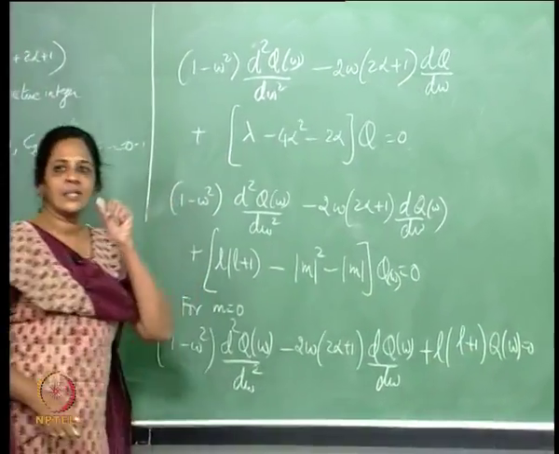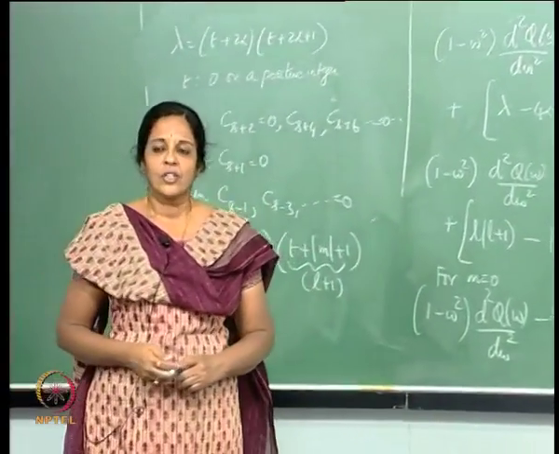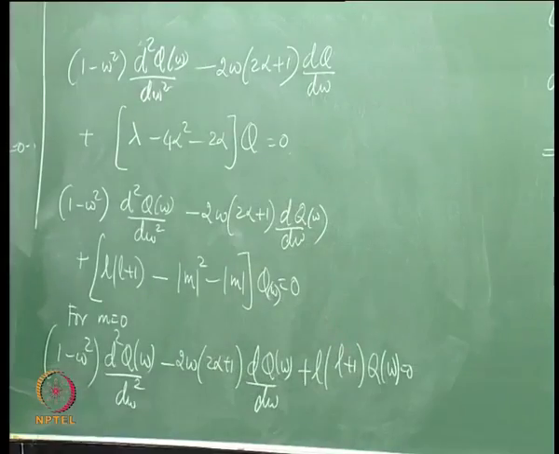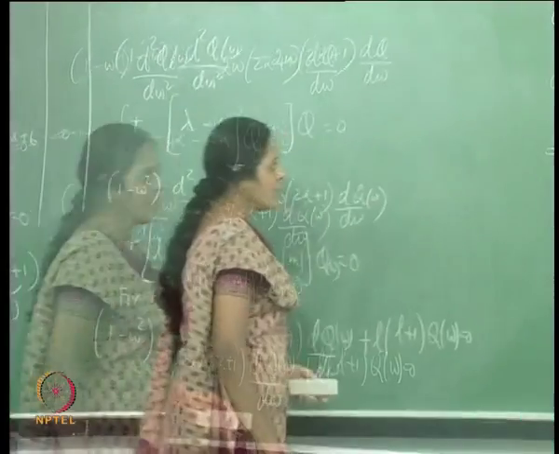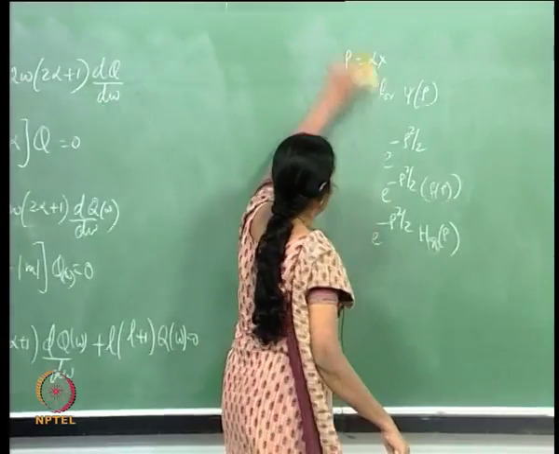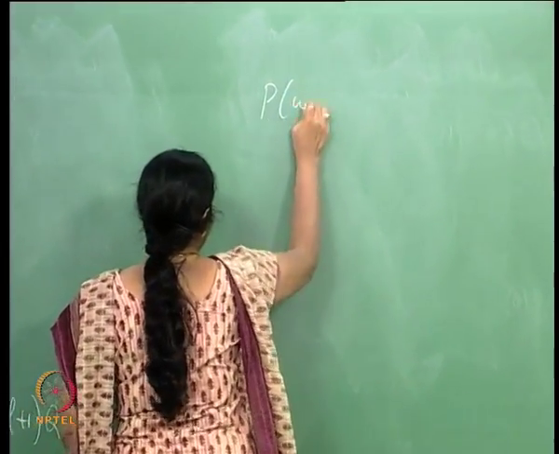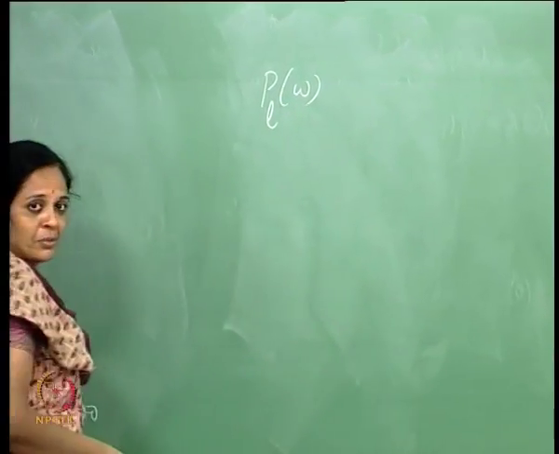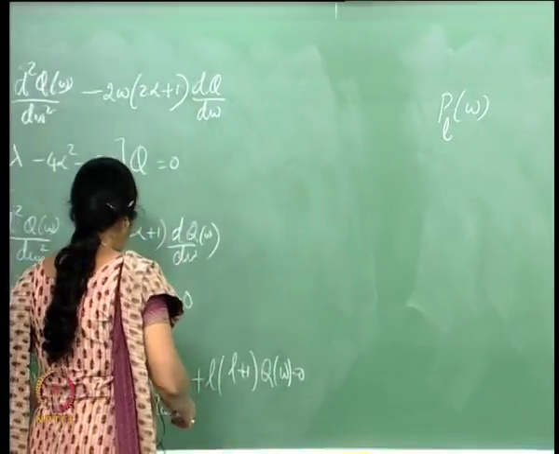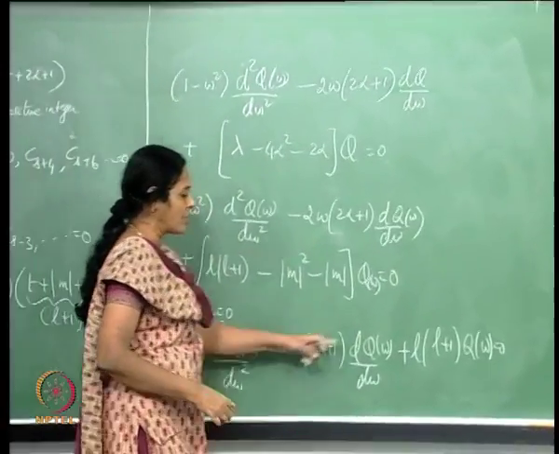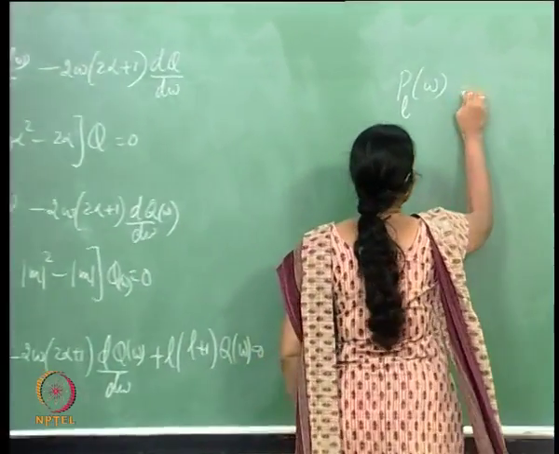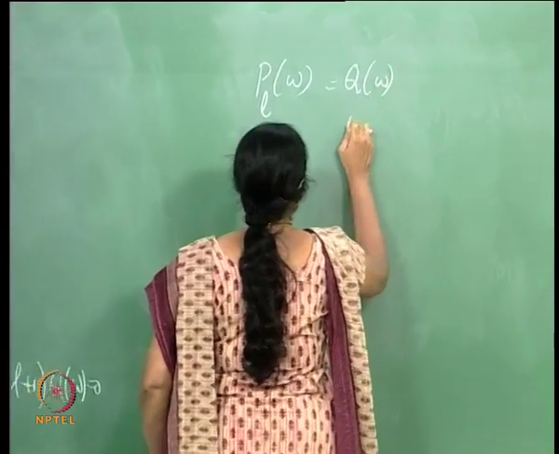But this is precisely the equation corresponding to the Legendre polynomial. The Legendre polynomial, usually referred to as PL of w, where w is cos theta, satisfies precisely this equation. So PL of w is the same as q of w if m equals 0.